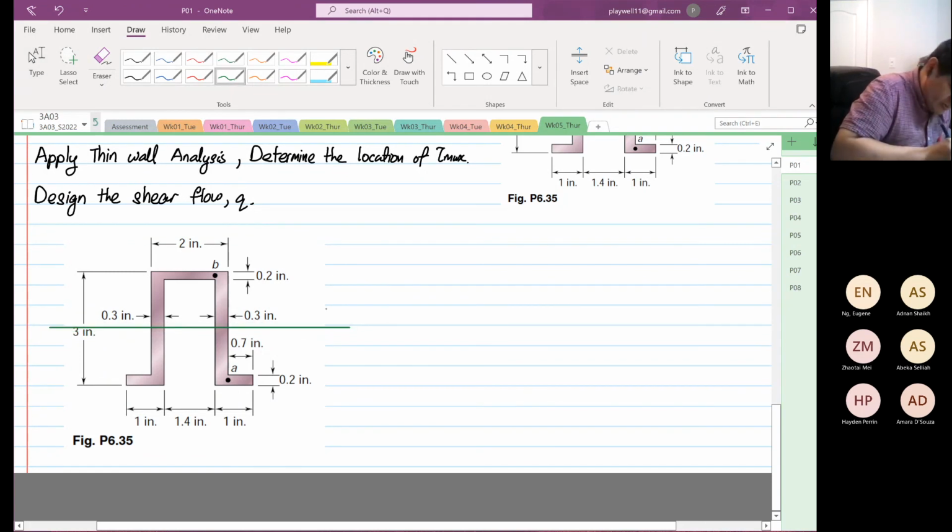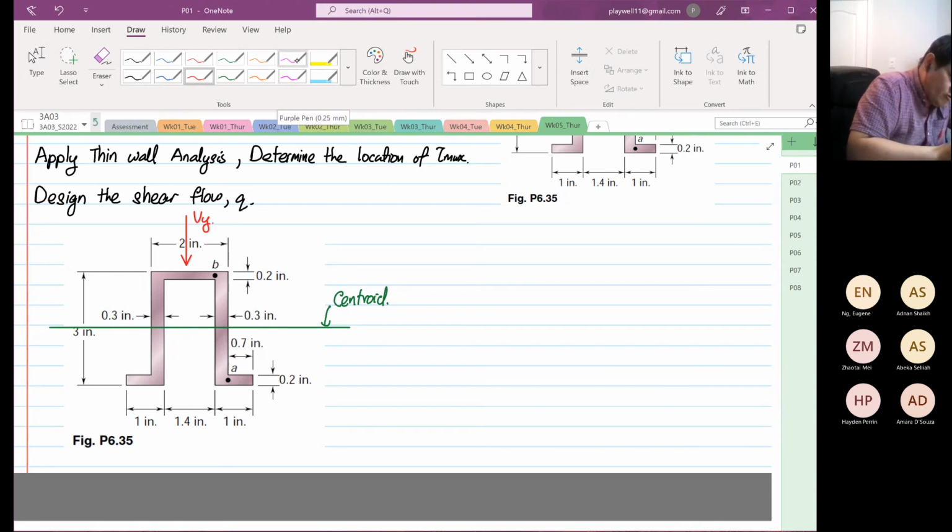This is the location of the centroid. We know that Vy is coming from the top. This is your Vy. So we're going to design the Q. The Q will go left and right, and then will flow downwards.